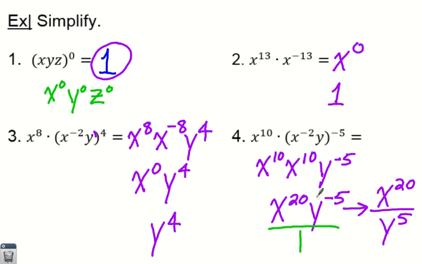So once again, this stuff is technically in the numerator, which means x to the 20th stays in the numerator. That's why I say that it stays in the numerator. But the y takes the elevator down to the denominator. Okay? I think that's it for that. Freedom!